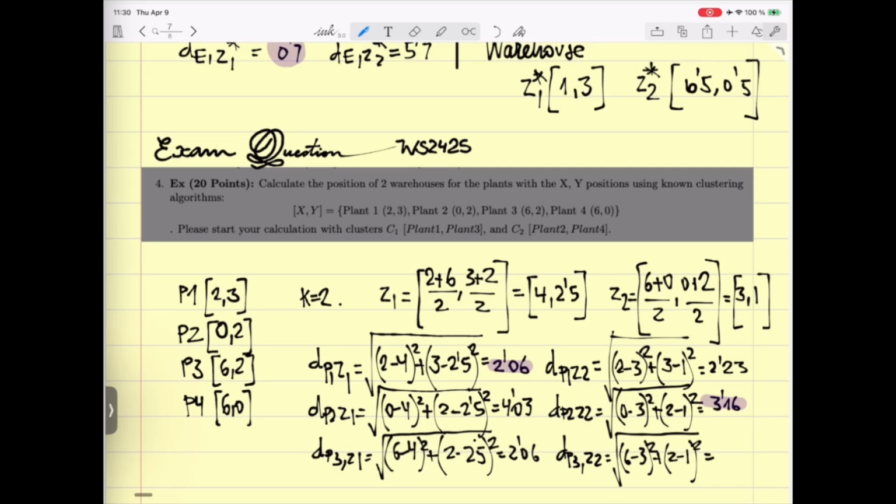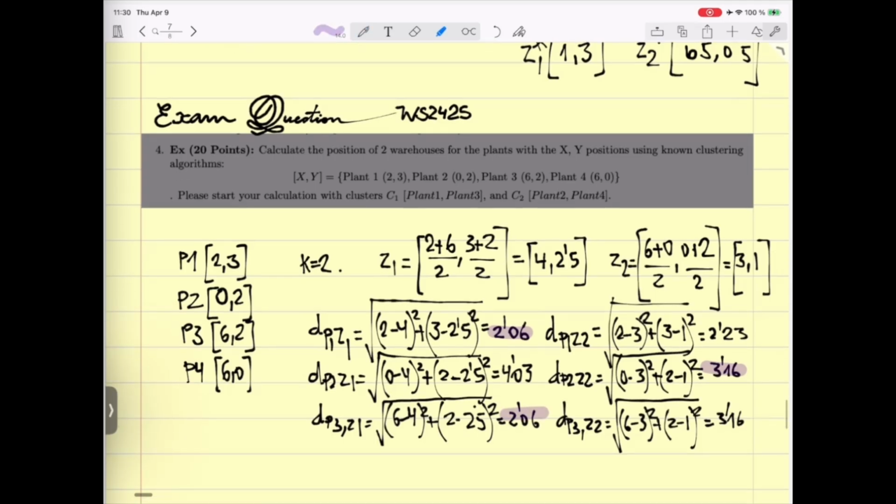That's 9 plus 1 equals 10, square root 3.16. So it isn't going to be group 2, it's going to be group 1.